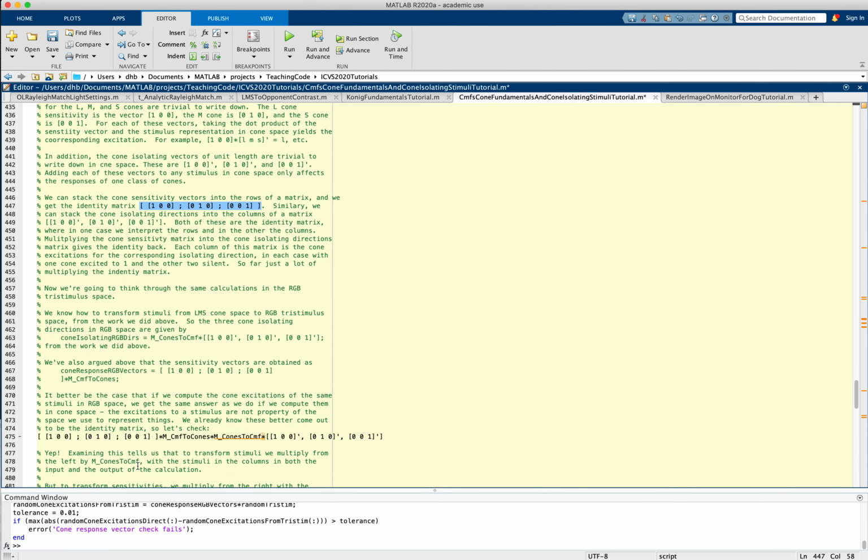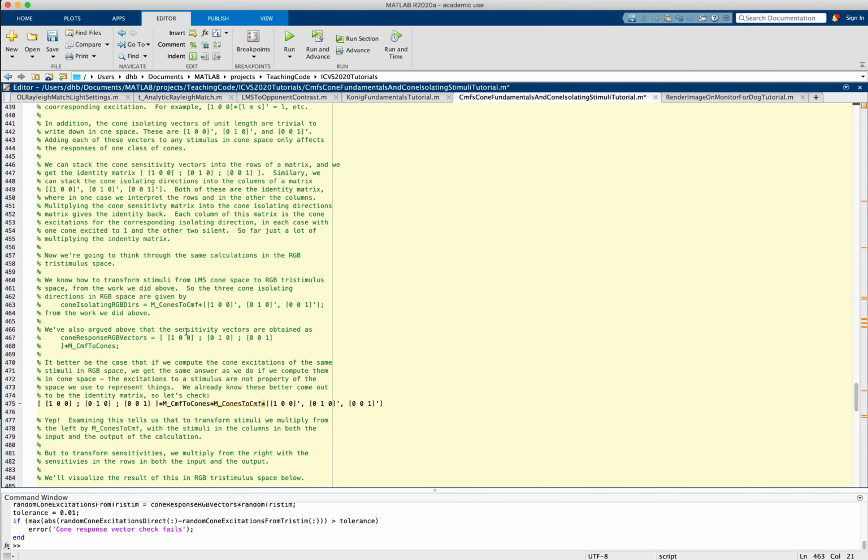We know how to transform stimuli from cone space to RGB tristimulus space from all the work we did above. And so the three cone isolating directions in RGB space are given by going from cones to CMF times this matrix where each column is a cone isolating direction in the cone space.